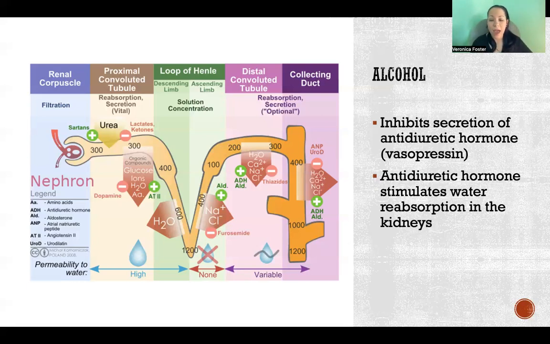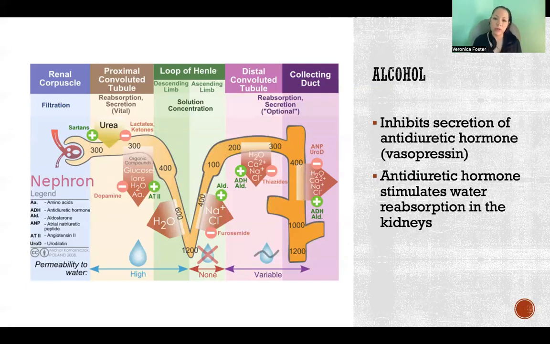So if we don't have enough antidiuretic hormone in circulation, then we don't have the ability to reabsorb water as that filtrate is moving through our system of tubules. So not having ADH means we're going to lose a large volume of water. And that's why if somebody is having a night of drinking, and then they have to start peeing a lot, you urinate a lot if you're drinking alcohol.